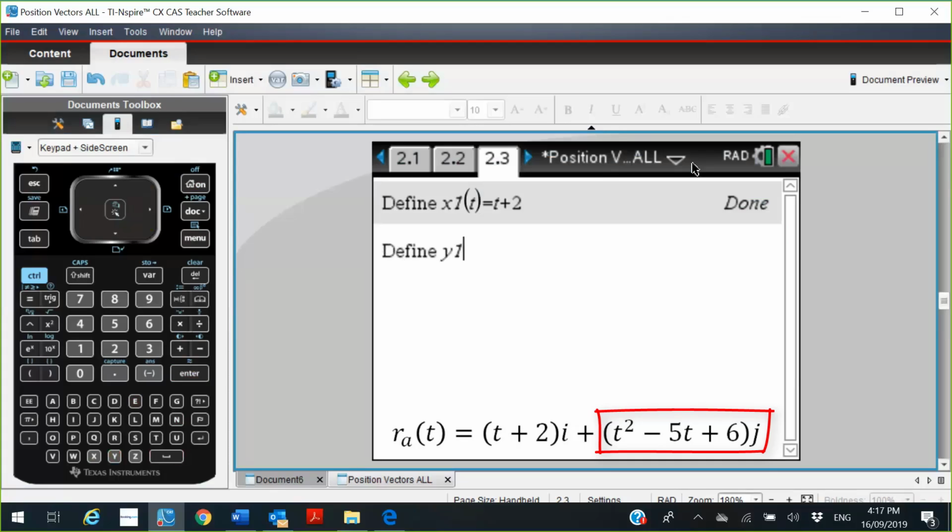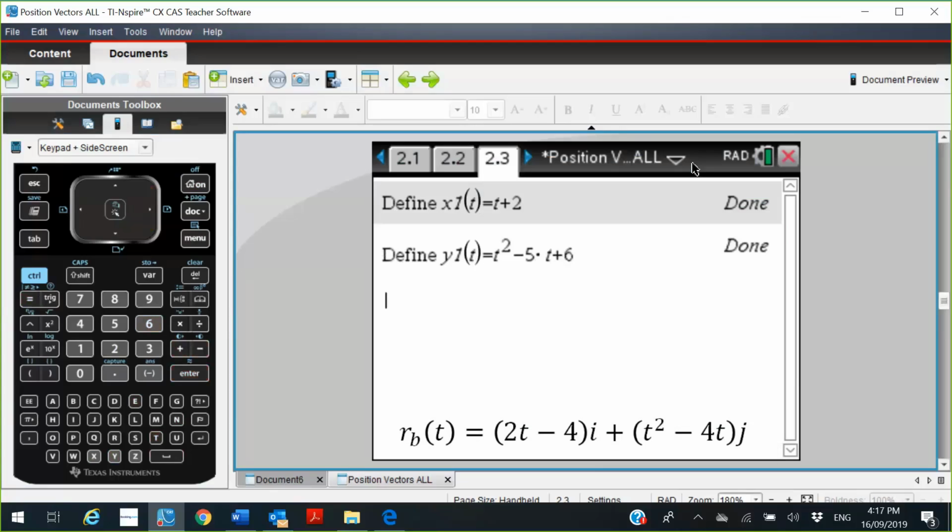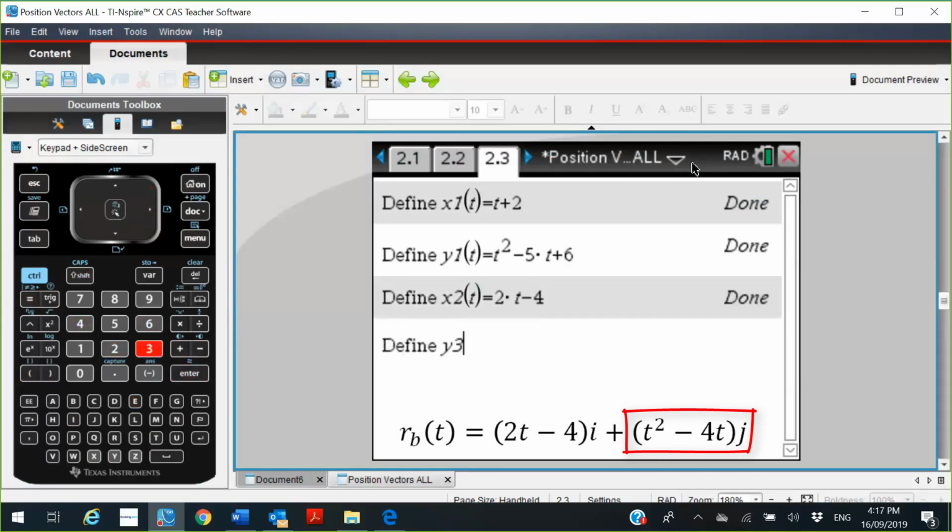So let's define y1 of t equal to t squared minus 5t plus 6. And define x2 of t equal to 2t minus 4. And define y2 of t equal to t squared minus 4t.